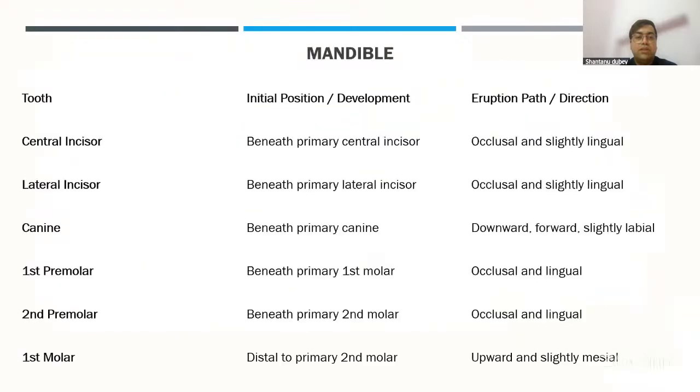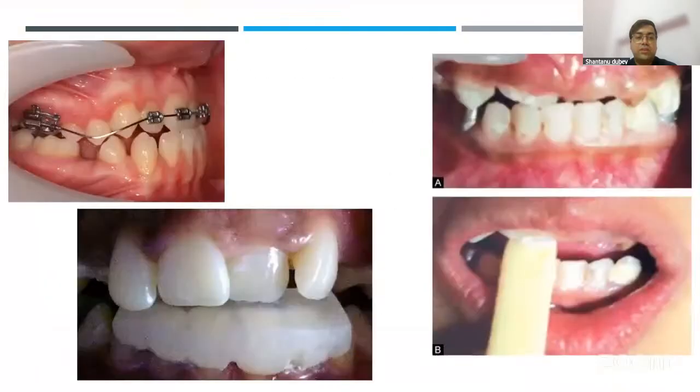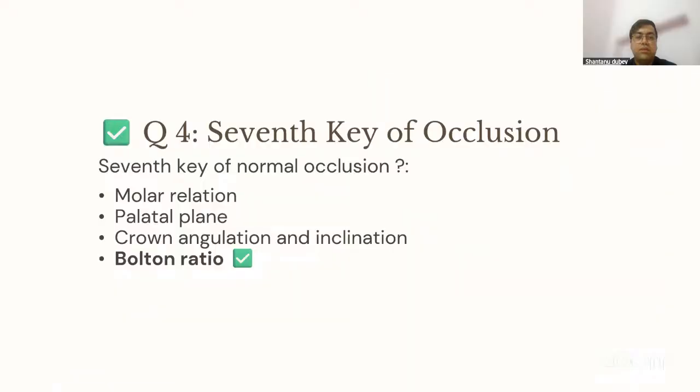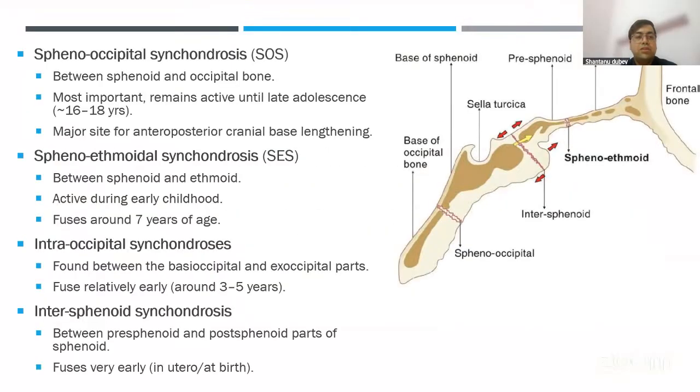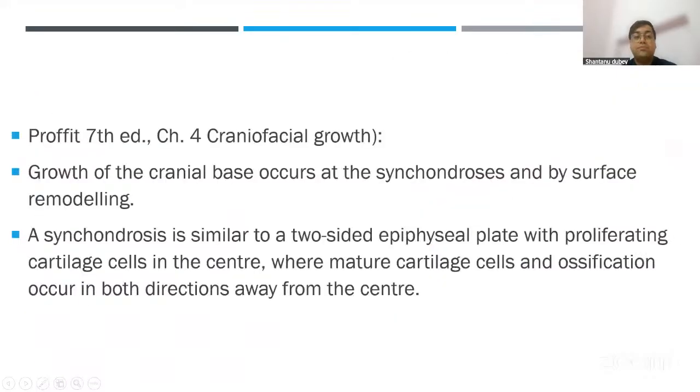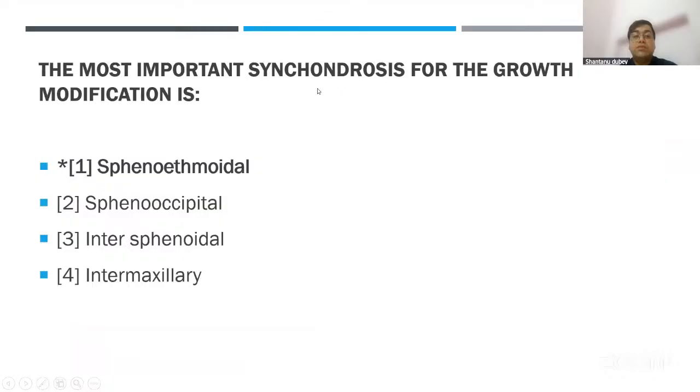One thing I just wanted to clear up, I think we left it unclear and a little confusing. The spheno-occipital synchondrosis is a synchondrosis which remains active till late adolescence, so it is very, very important. But the question says which important synchondrosis is used for growth modification by us.